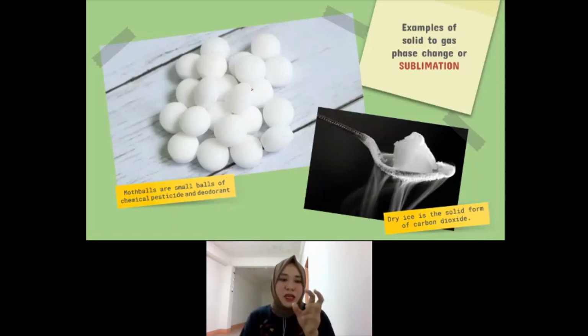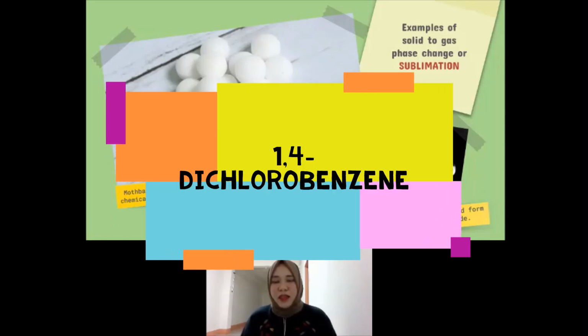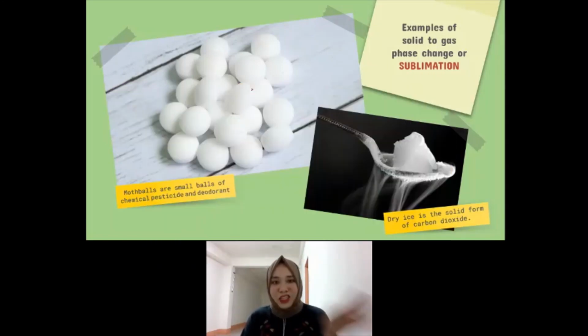Older mothballs mostly contain naphthalene, but the newer mothballs have been changed, and I think they now use dichlorobenzene, because naphthalene is actually flammable. So, sublimation is the conversion of a solid to its gaseous state without passing through the liquid state.